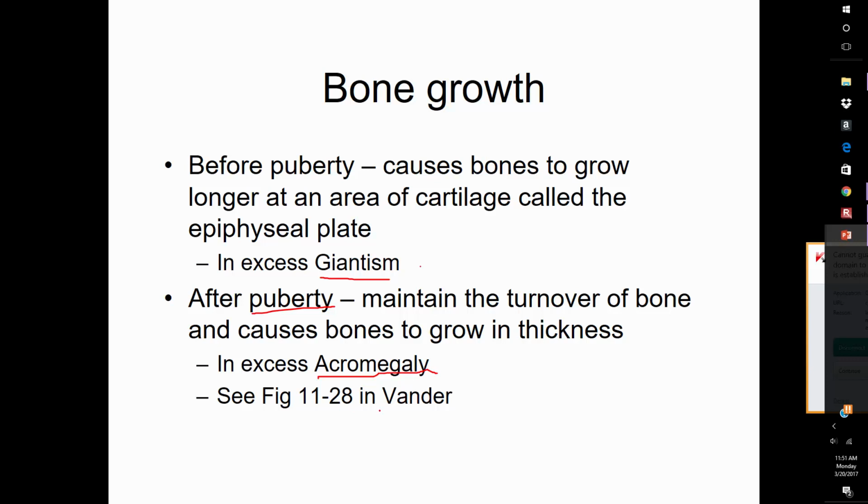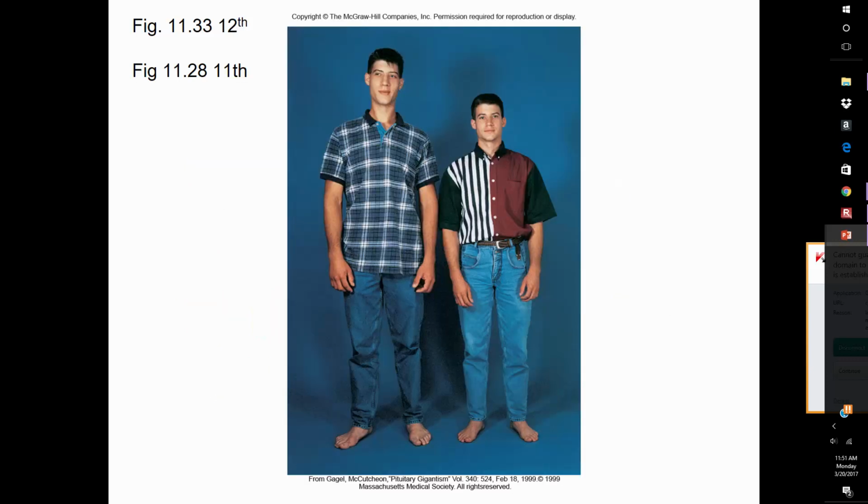Now we're not using the textbook Vander, but here we go. Here's the picture from Vander that I'm referring to. That's a different textbook. These men are identical twins. Identical twins. And this fella right here has a pituitary tumor that produces excess growth hormone.